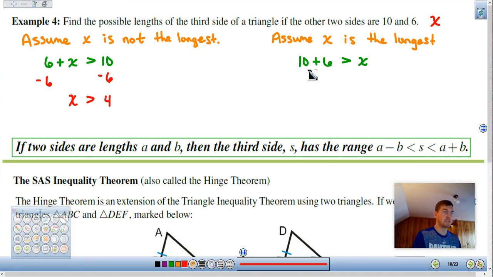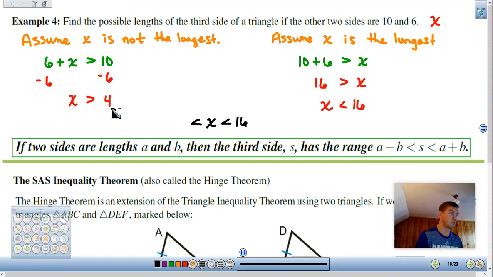On this one, we just simplify the 10 plus the 6, and if I rewrite this so that x is first, it would say x is less than 16. So in the end, what we wind up with is we know our third side has to be smaller than 16, but it's also got to be greater than 4. So in between 4 and 16.